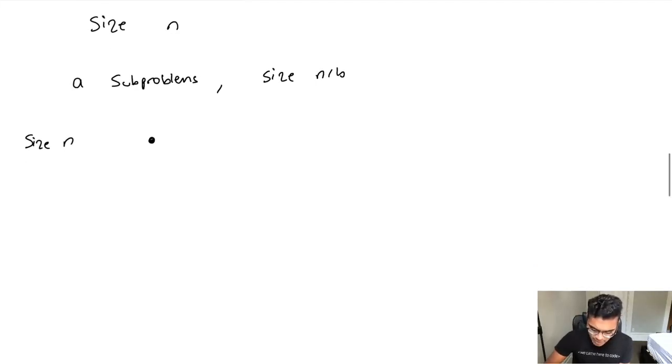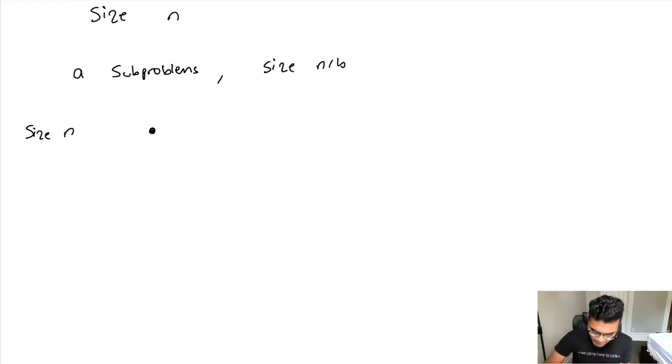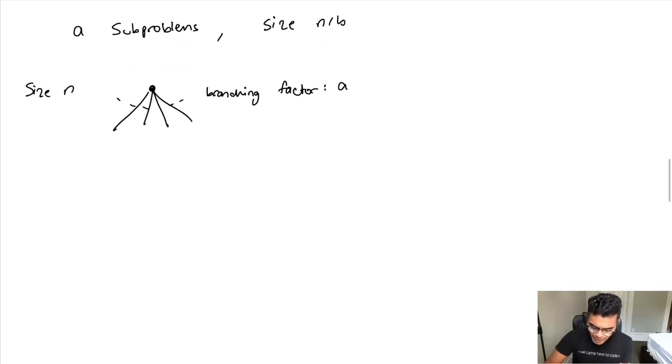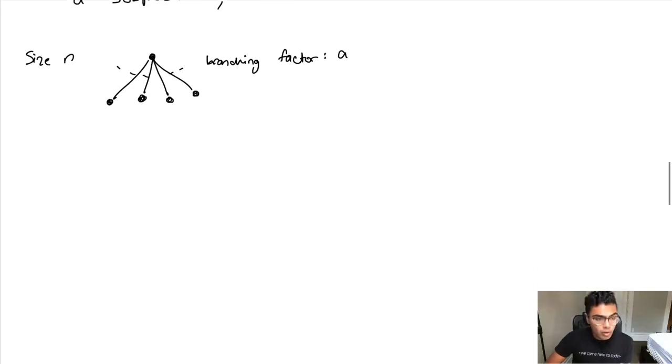And at every single level of recursion, you're breaking this down into a subproblems. So the branching factor here is a. And once you've broken this down into a subproblems at every level, each one of these has a size n over b, and so on and so forth.